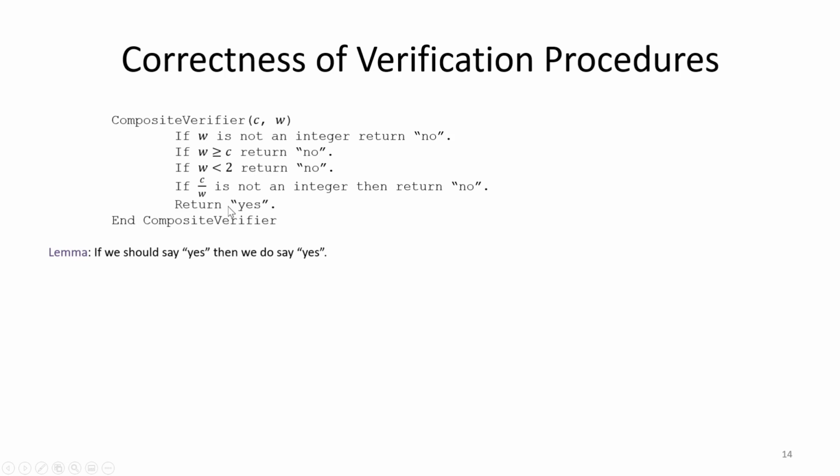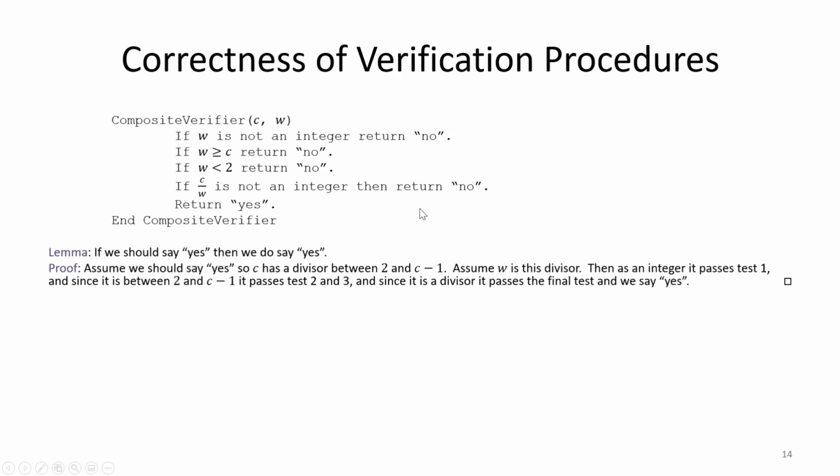We return yes. I could rewrite this lemma by saying if C is a composite number, then we return yes. That would be equivalent, but I'm writing it this way so that when we get to other verifiers, we can use the same structure.